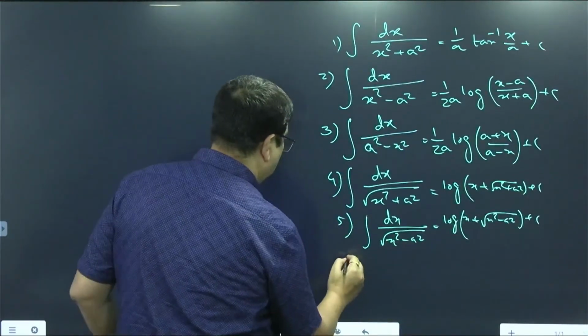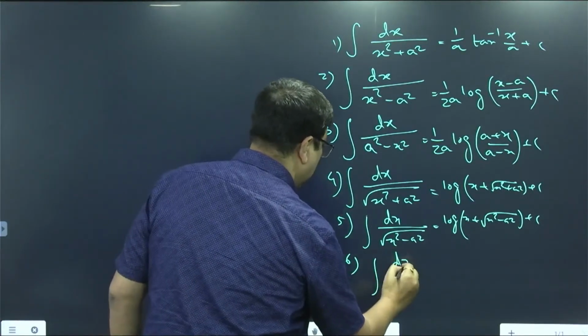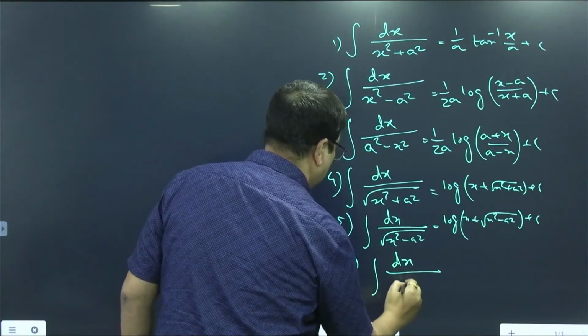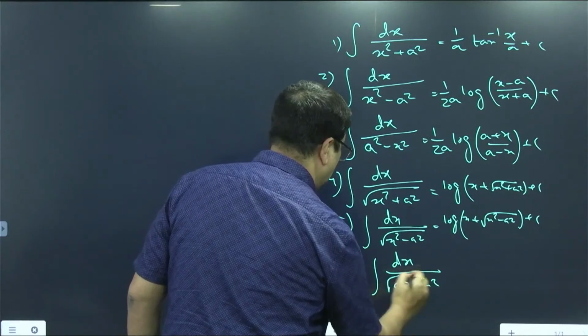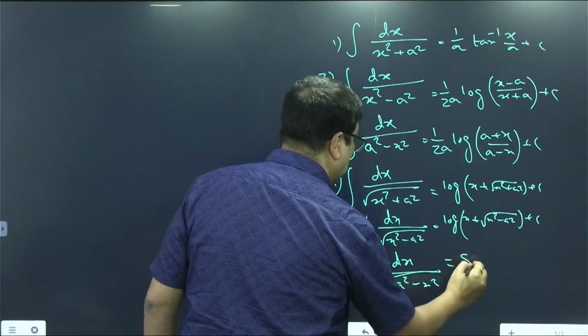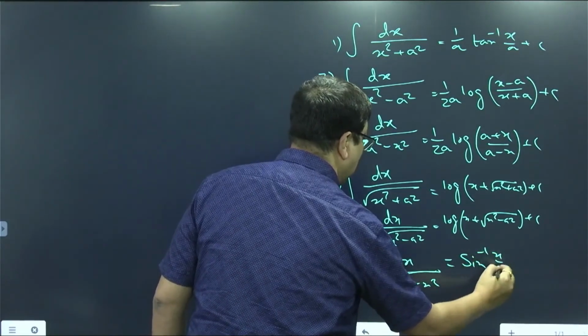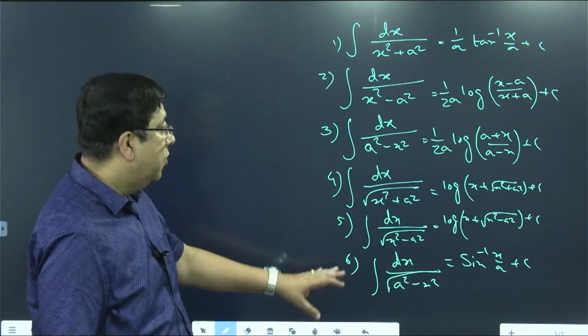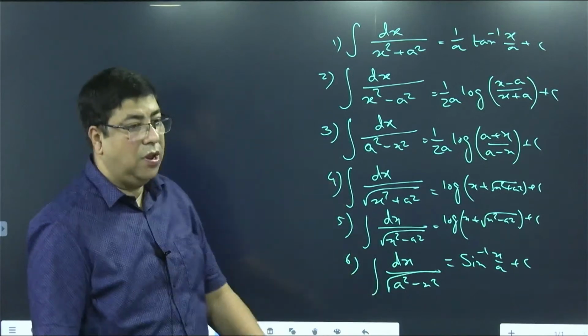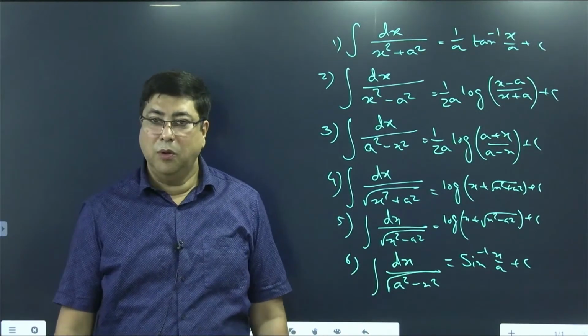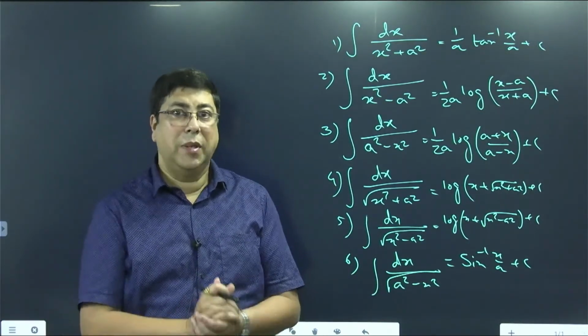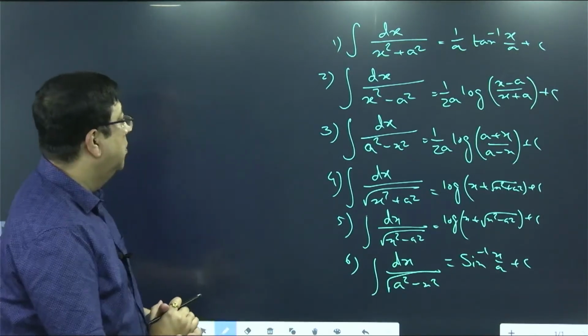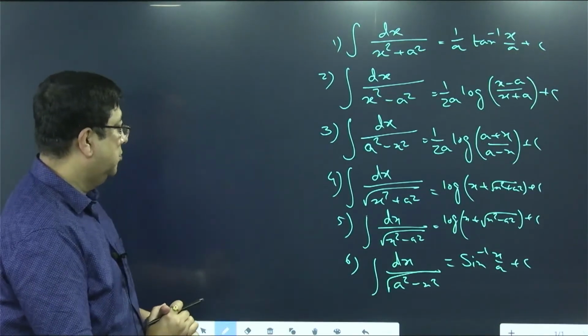And the last formula is dx by root over a square minus x square. So this is coming to be sin inverse x by a plus c. So everybody, these 6 formulas are extremely important for the substitution. And we'll do the number of sums based on substitution. Write down this.